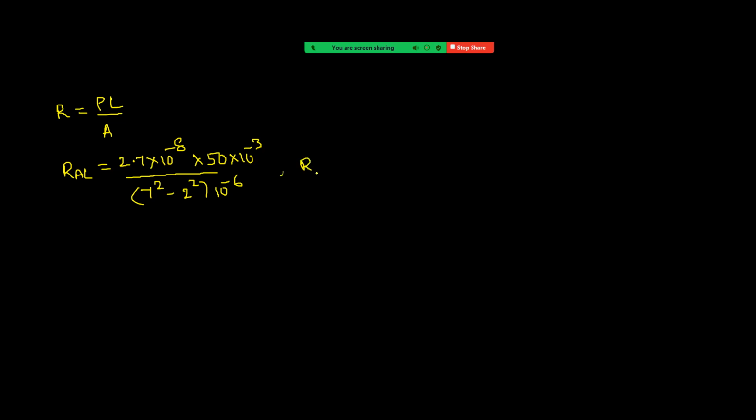In the same way, resistance of iron, its rho value given as 1 10 power minus 8. It is given as 1 10 power, sorry, it is 1 10 power minus 7. L value same, 50 mm, 10 power minus 3. And area is given now. It is simply 2 square, right? Into 10 power minus 6, mm square.